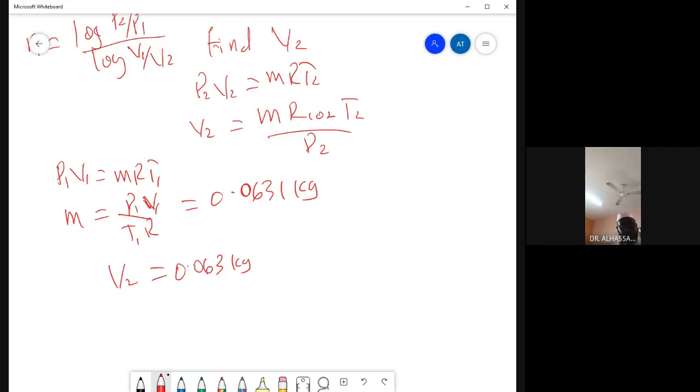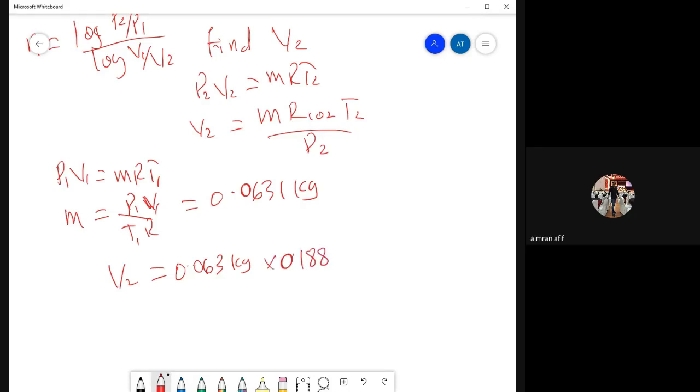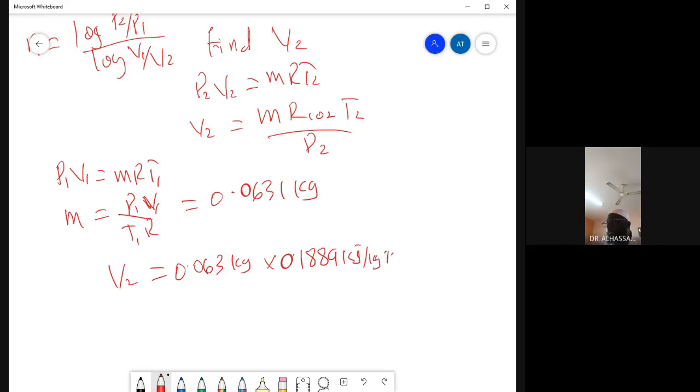The ideal gas constant for carbon dioxide is 0.1889 kilojoules per kilogram per Kelvin.